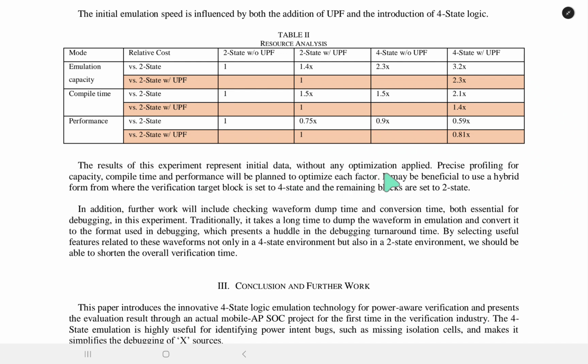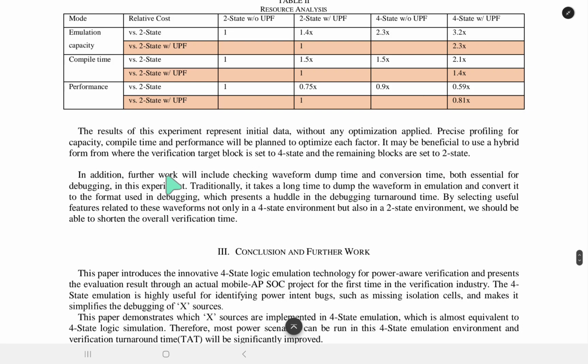It may be beneficial to use a hybrid form where the verification target block is set to 4-state and the remaining blocks are set to 2-state. In addition, further work will include checking waveform dump time and convert time, both essential for debugging in the experiment.